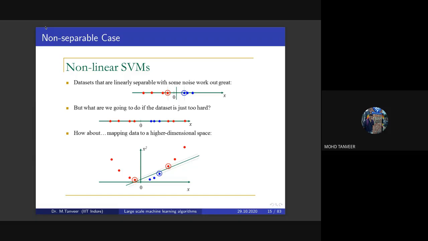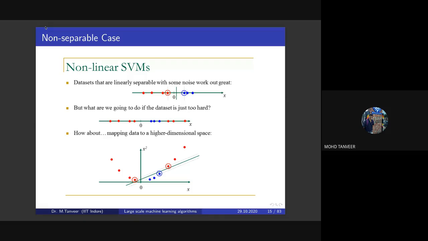It is a case of linear classifier, and it works nicely. But what happens if we talk about the second example? We have red dots, blue and red. How to classify this kind of data? Linearly it is difficult. In R, it is difficult to draw any line to classify this kind of data.